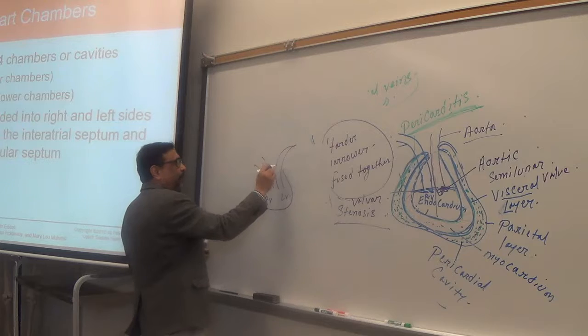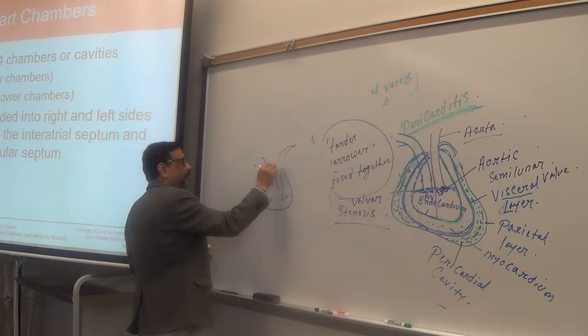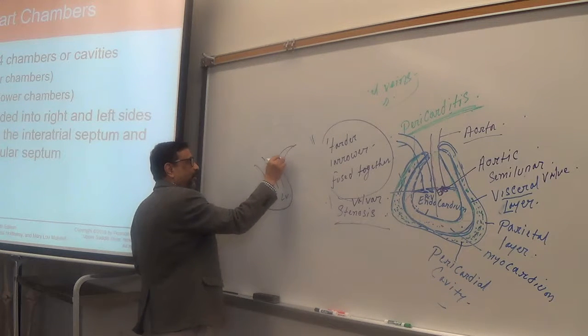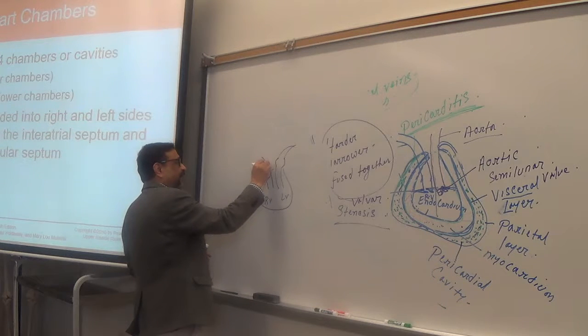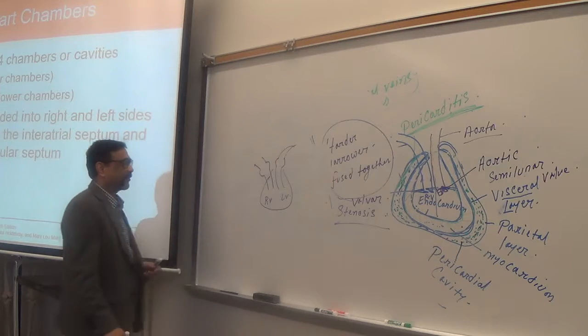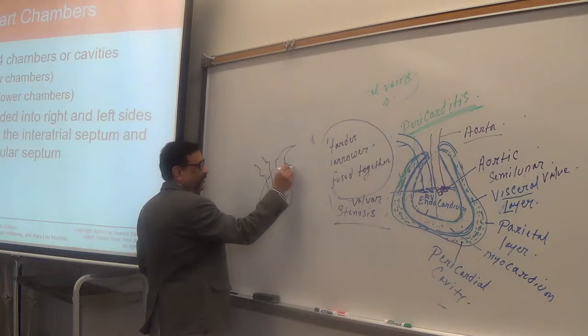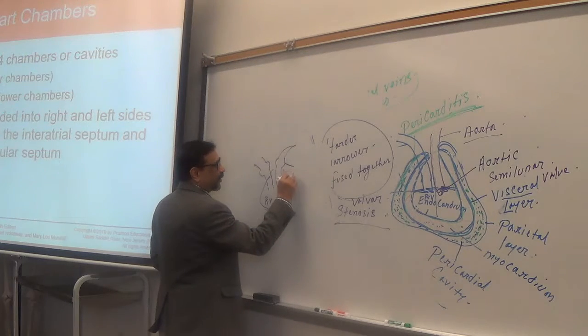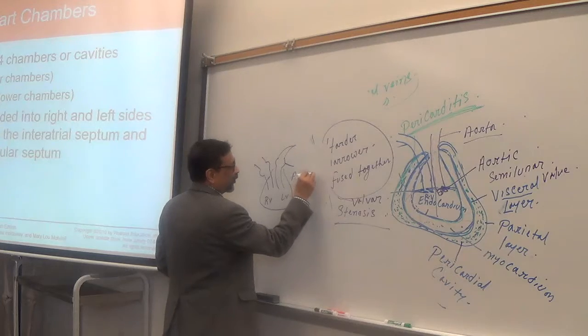What can happen? The aorta or pulmonary trunk in one place can get dilated or expanded, okay, wider. And this is called aneurysm.